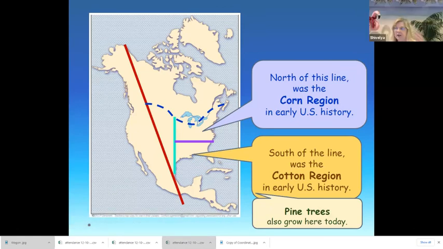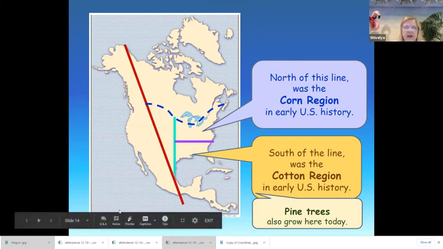So after they get a good review of North America and specifically the United States, we're still in lesson 1, but we go into our next activity, and we call it What's in Your Wagon?